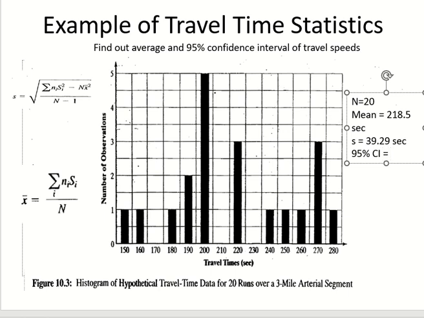Then the confidence interval for speed. 45.9.